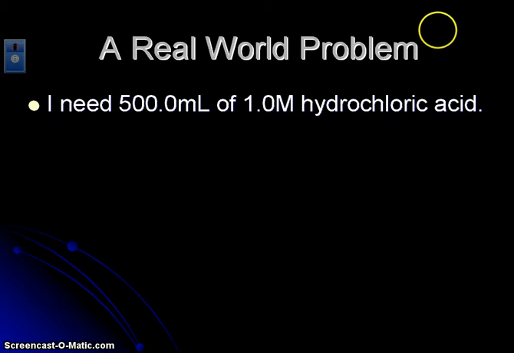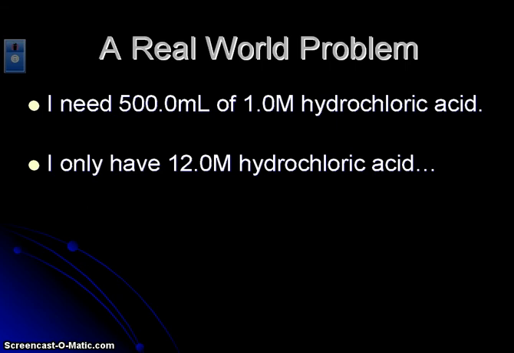And when I go back to the stock room with all my bottles of stuff, I only have 12 molar hydrochloric acid. The reason for this is that 12 molar hydrochloric acid is the most concentrated hydrochloric acid that we can buy. And to buy 1 molar hydrochloric acid would be much more expensive.